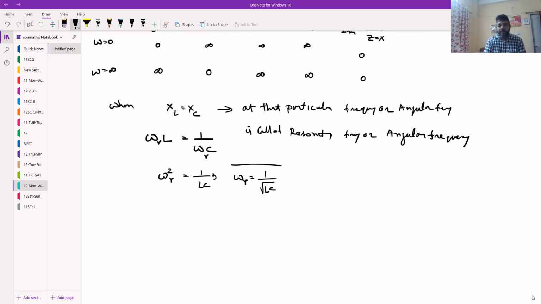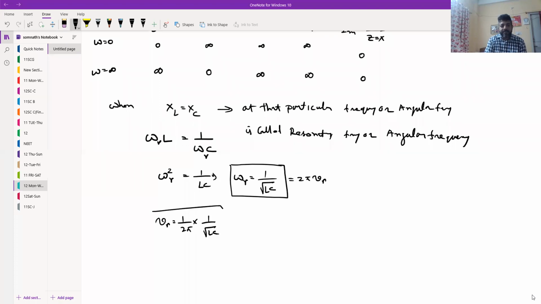Yes, sir. And that is equal to 2 pi times the resonating frequency. So my resonating frequency is 1 by 2 pi into 1 by root under LC.